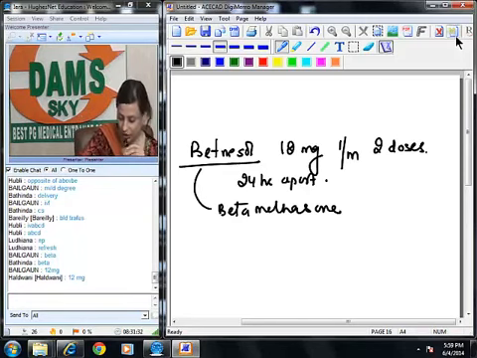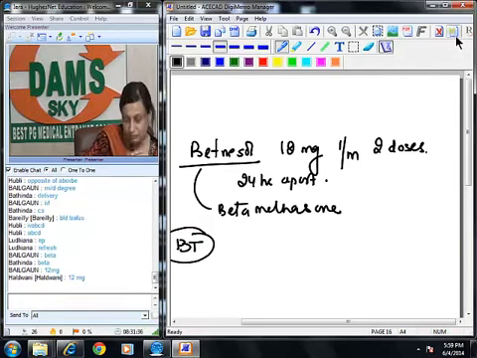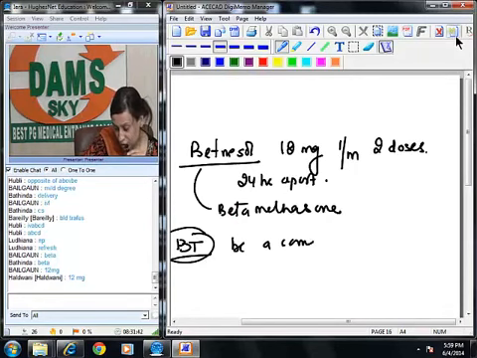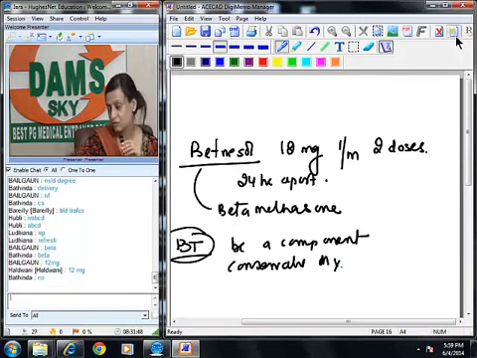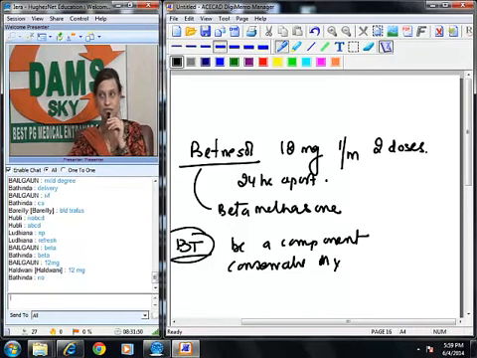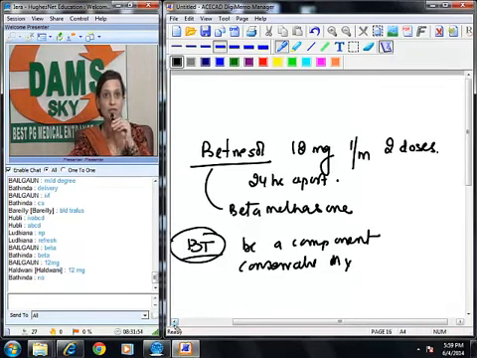Okay. Now can you tell me, can blood transfusion be a component of conservative management? Can blood transfusion be a component of conservative management?